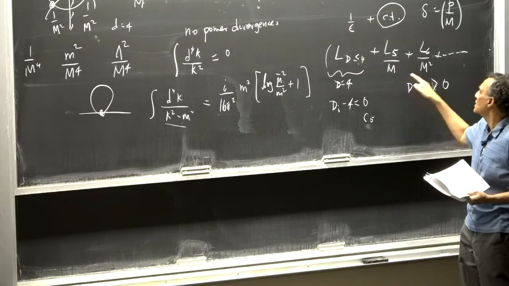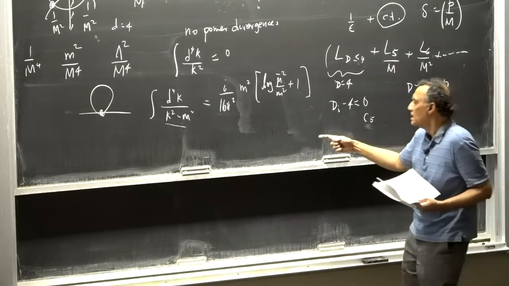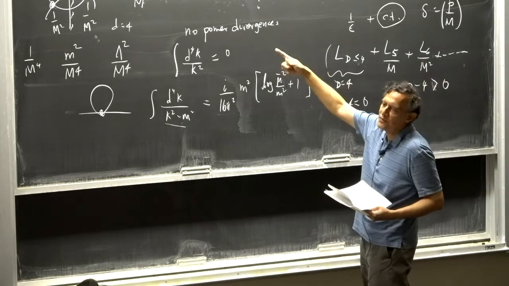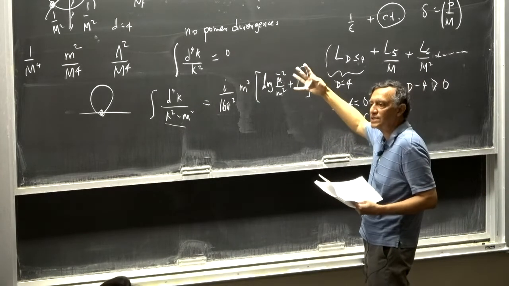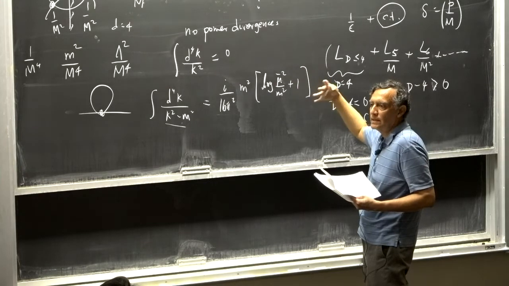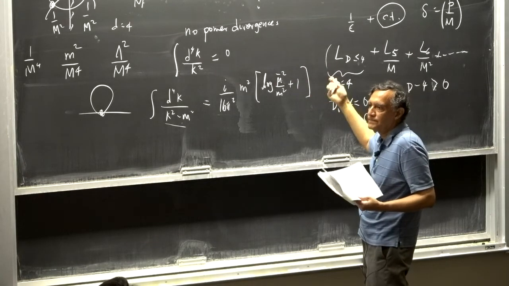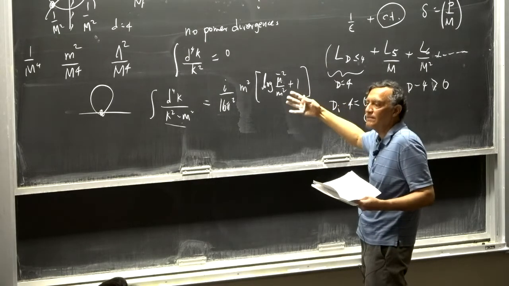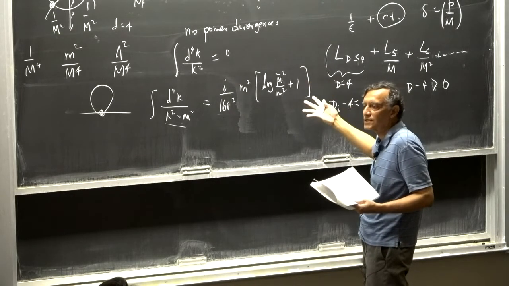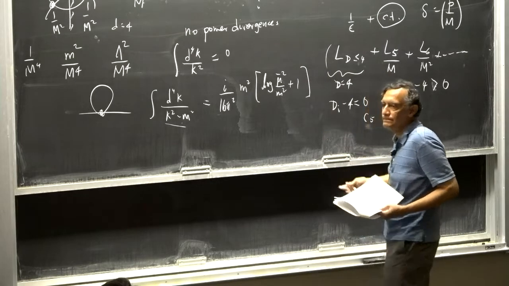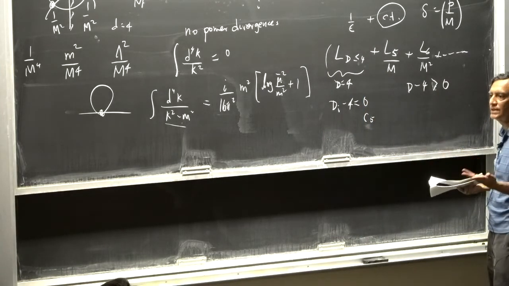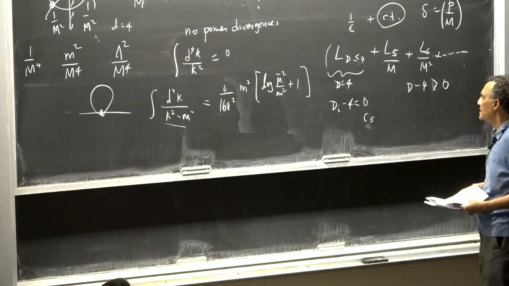Yeah, because there may be some C6 operator which is 0, but then a loop of 2 dimension 5s gives you some 1 over epsilon which is infinite. It'll be 0 at tree level, but radiative corrections won't preserve the 0. OK, thank you. Yeah.